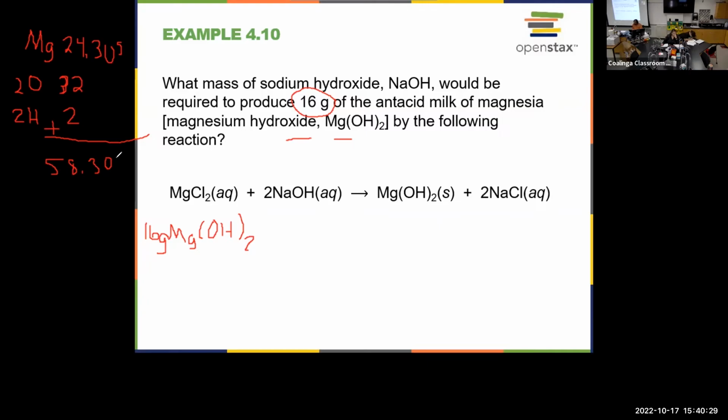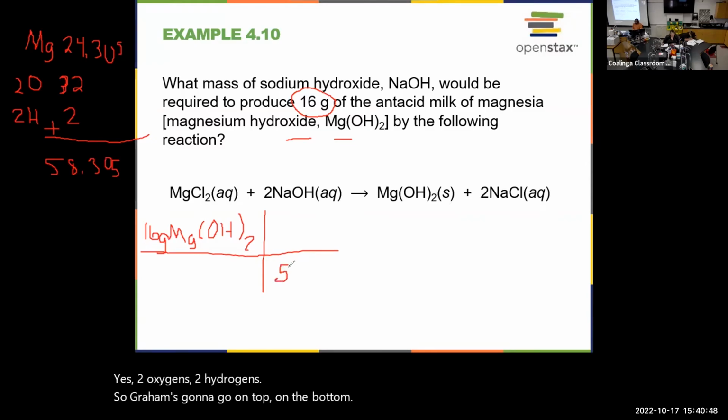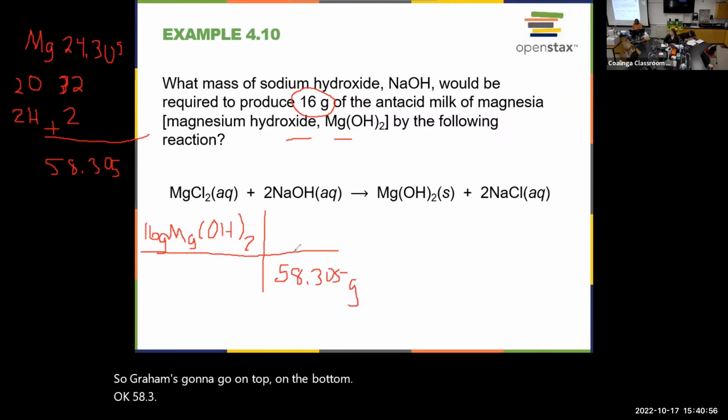Oxygen and hydrogens? Yes, 2 oxygens, 2 hydrogens. So grams are going to go on top or on bottom? Mole.